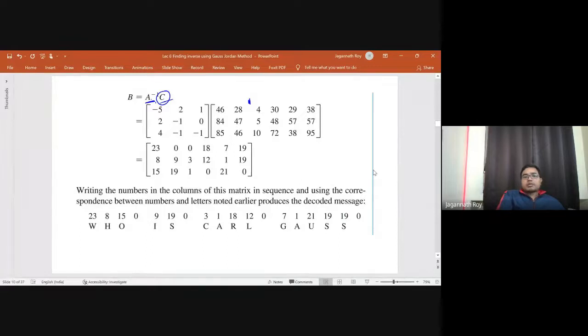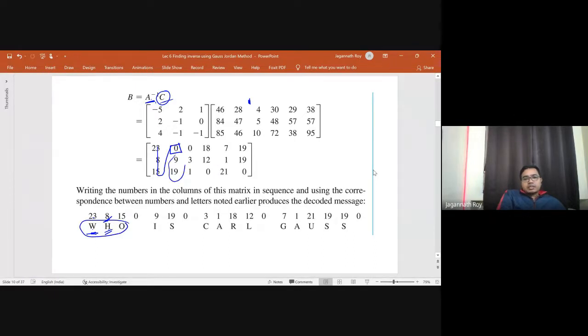So now you get this message. The message is 23, 8, 15, 0. Since there is a 0, there will be a blank. So for this, W is associated to 23, and 8 means you are assigning the value H to 8. So this becomes "who".